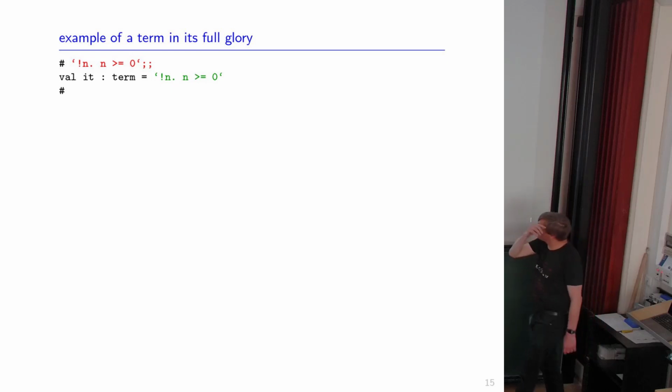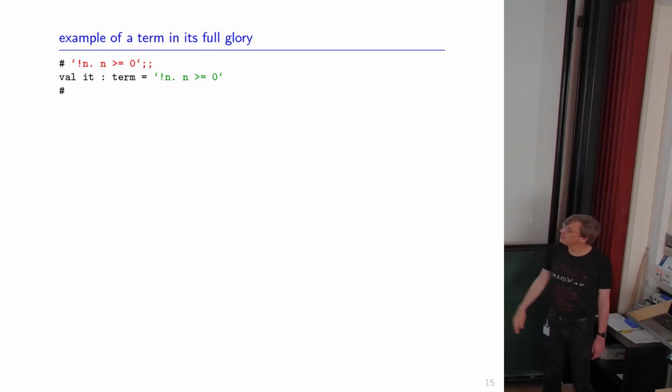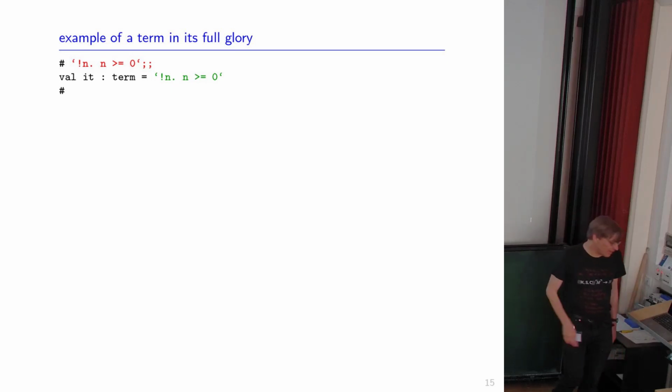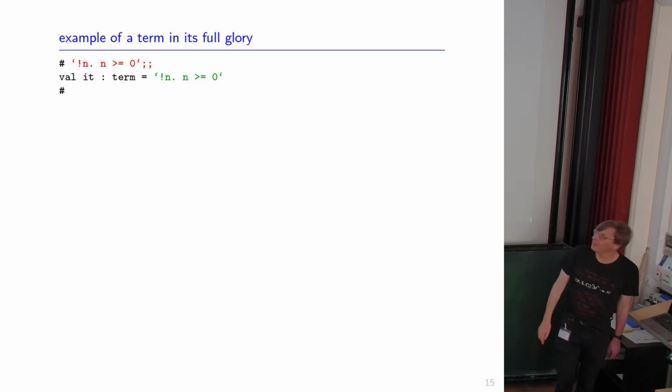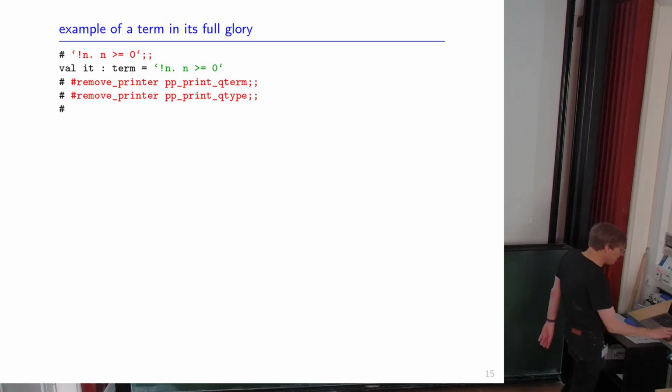Okay, so for all n, n is bigger or equal than 0. I think that's true in the natural numbers. And I don't need to say that it's a natural number because the bigger-or-equal knows it's a natural number. The type inference will figure it out. I got a term. We had this yesterday. But I can turn the pretty printing off. Okay, I don't want you to pretty print terms for types. And now I can do the same thing.